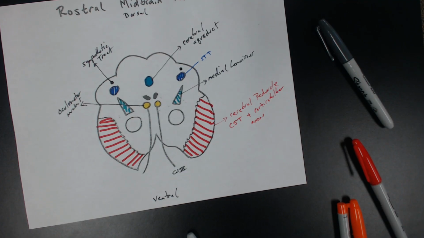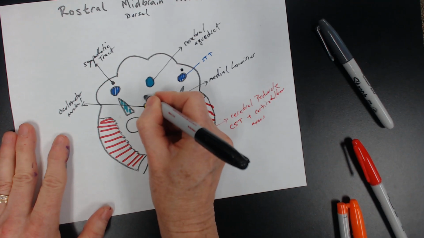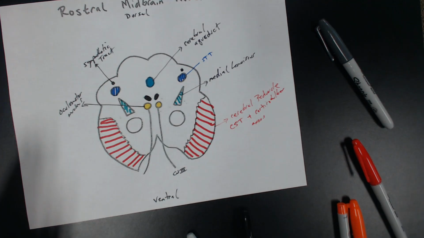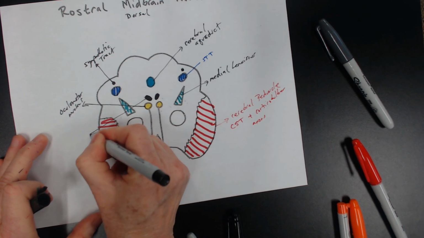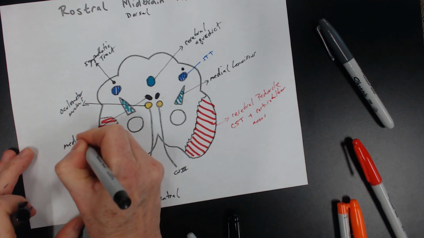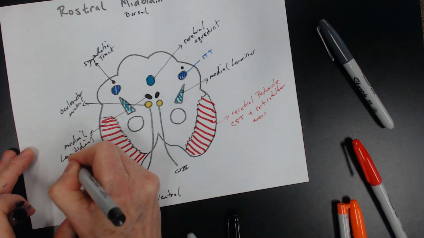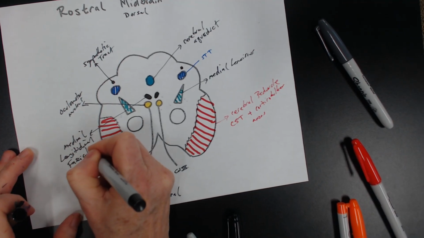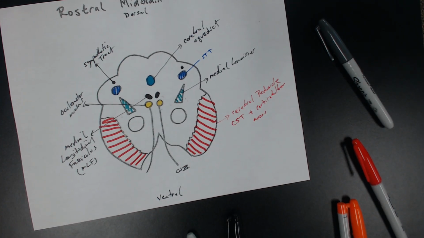Again, somebody we haven't talked about yet, but will when we get to the vestibular. Also very medial. This is going to be your medial longitudinal fasciculus, your MLF, another good marker for the midbrain.